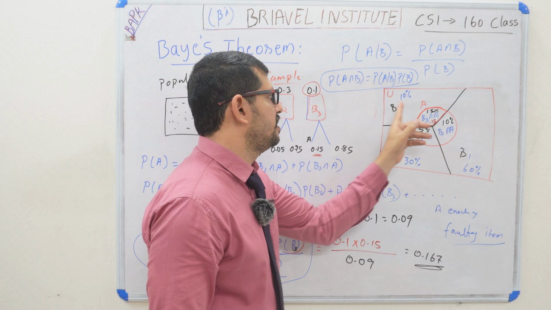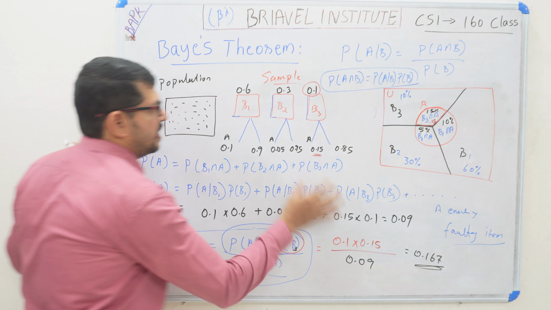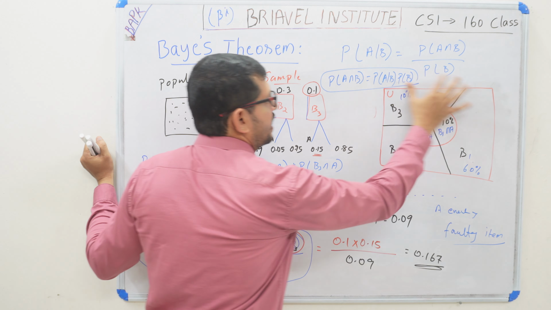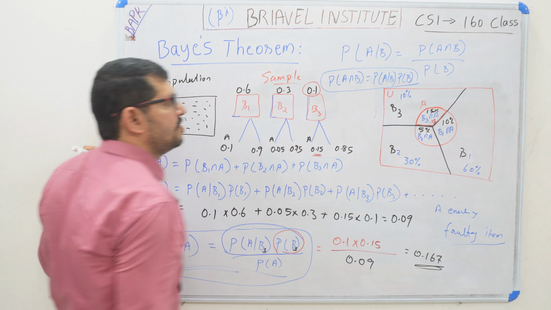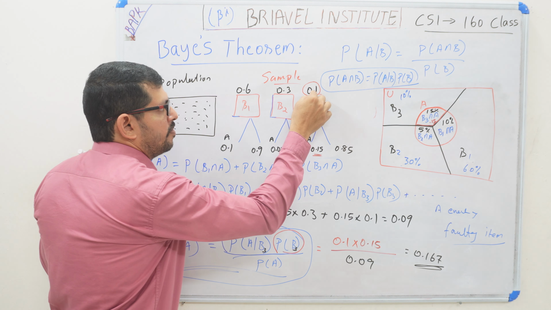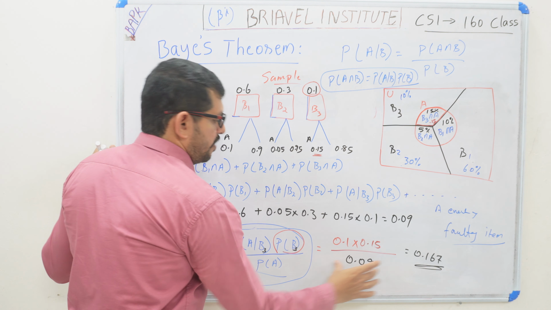Initially, what is the selection of B3? It is 10 percent, so B3's selection itself is only 10 percent. Out of 10, 15 percent are faulty. So we have to multiply 0.1 with 0.15 and divide by the total probability.